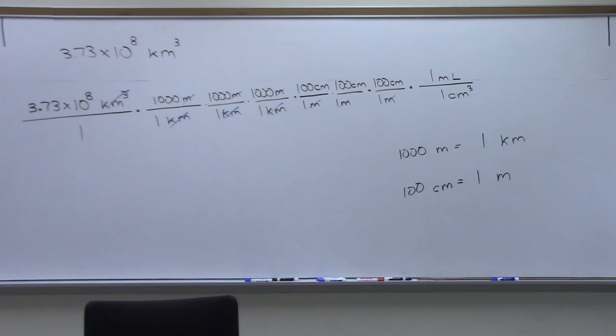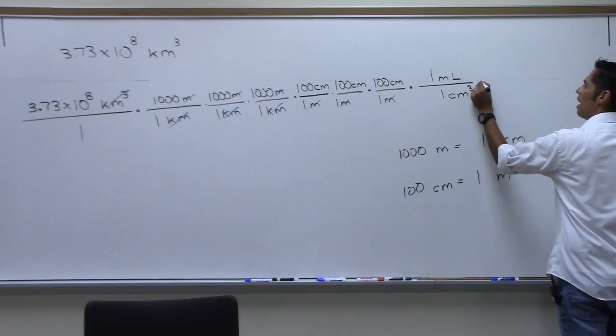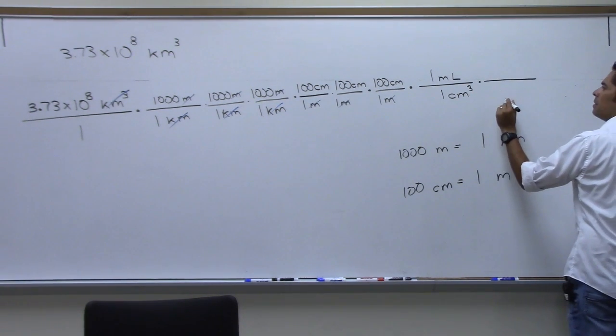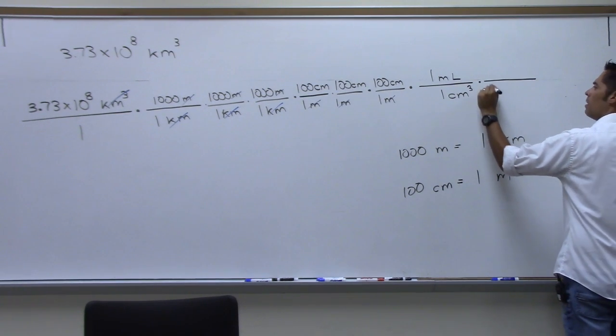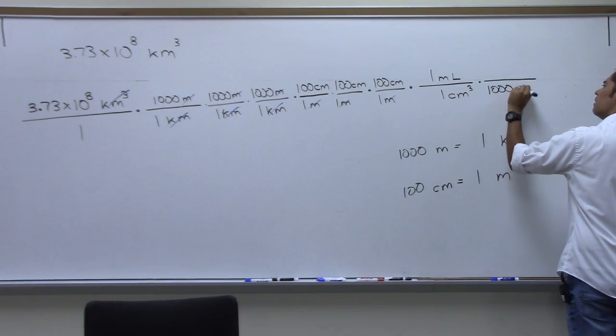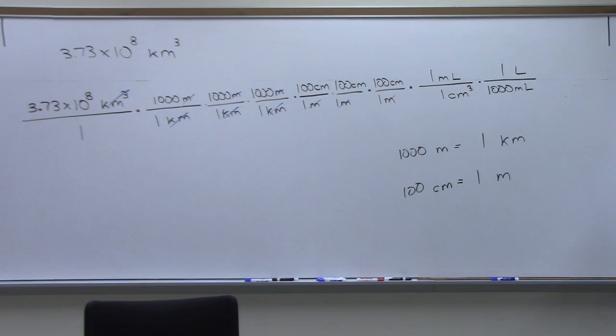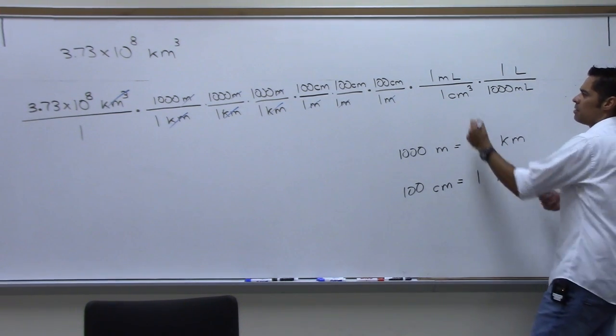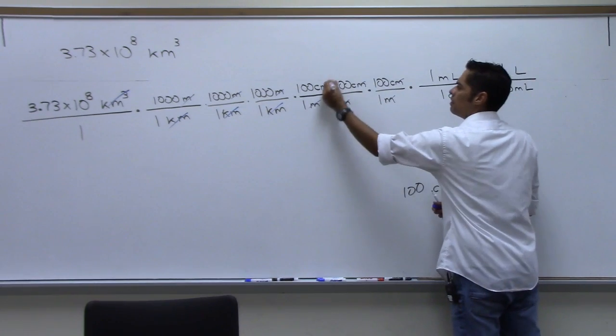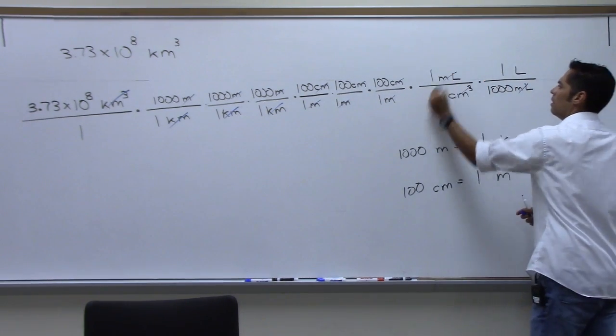We almost there? What's last? 1,000 milliliters. So that'll be on the top or bottom here. Bottom, 1,000 milliliters is 1 liter. Okay. Centimeters cubed kills off these, and milliliter.